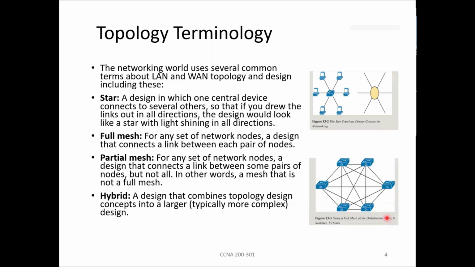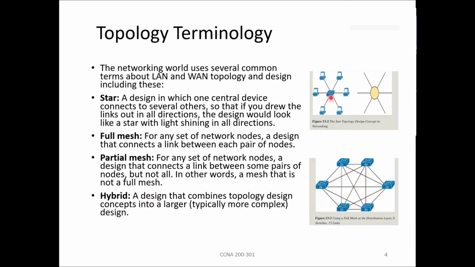Now there are some other design parts. Some of the topologies we build, like this, are called star topology. In star topology, we have a switch in the middle, and some of the PCs are around the switch. And this is kind of like a full mesh design. In full mesh design, all the switches connect with each other.